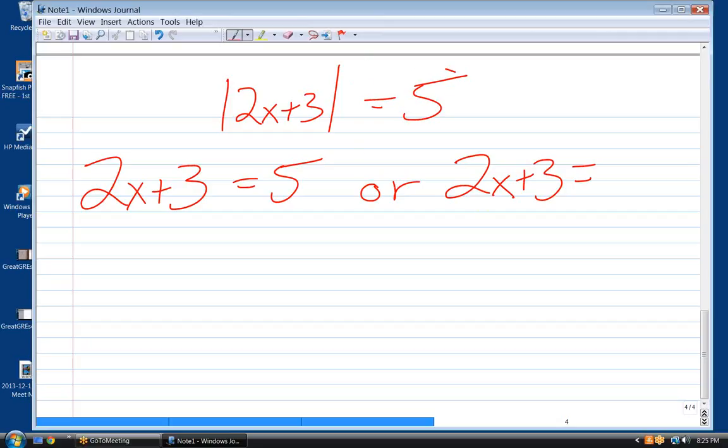Only change what's on the other side. Negative 5. Makes it real easy to remember. No matter how complicated what's inside the absolute values are, don't mess with that. Just like this. So now solve each one.